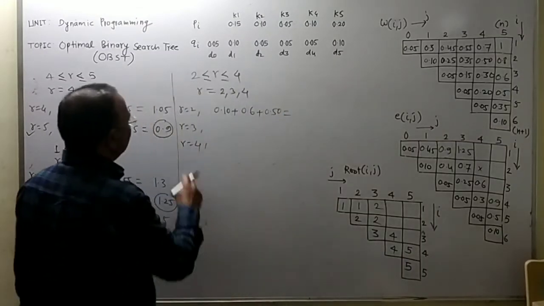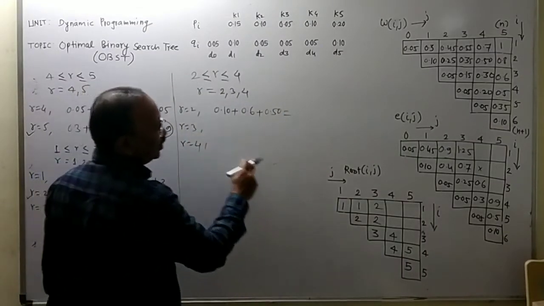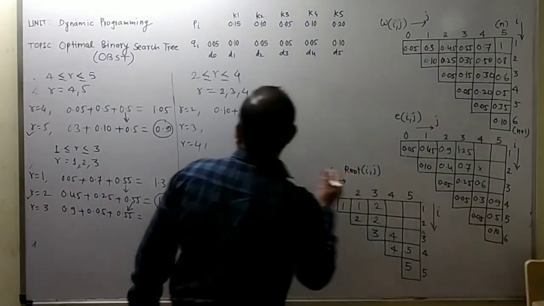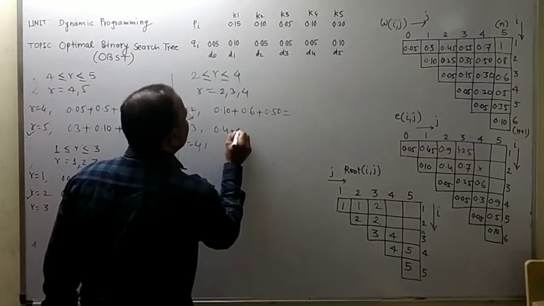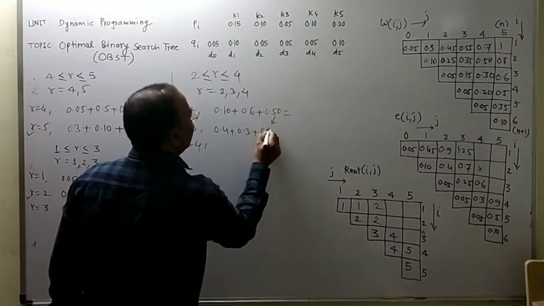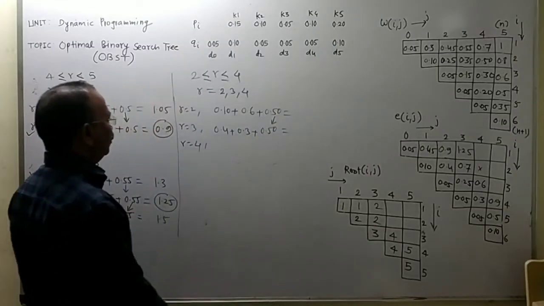Is equal to. For r is equal to 3, consider 0.4 and 0.3. 0.4, 0.3 plus W value, that is 0.50 is equal to.